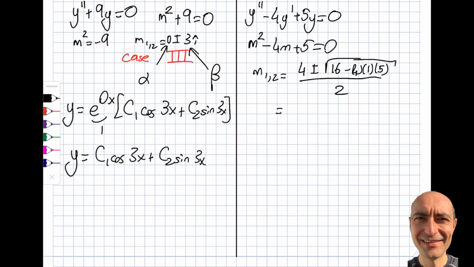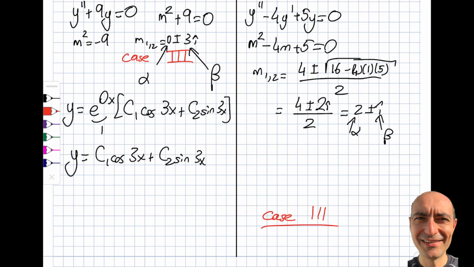So from here I will get 16 minus 20, so that's minus 4, right? Minus 4. If you take the square root of it, you're going to get 4 plus minus 2i by 2, right? So you're going to get 2 plus minus i. Okay? So if you write it this way, then this is alpha, this is beta. So this is case number 3.